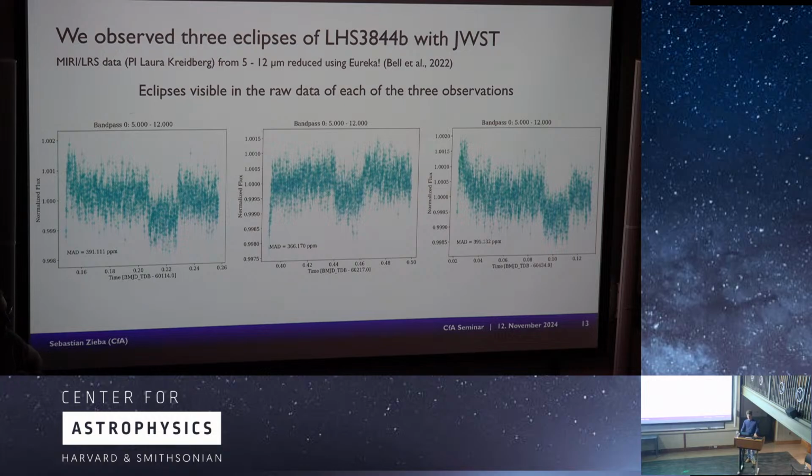If JWST observed maybe a really bright target, then the systematics at the beginning of the observations might be different. But this is not influencing our interpretation or data reduction at all. And theoretically, you can just remove the first few integrations, and we still have enough data as you can see.